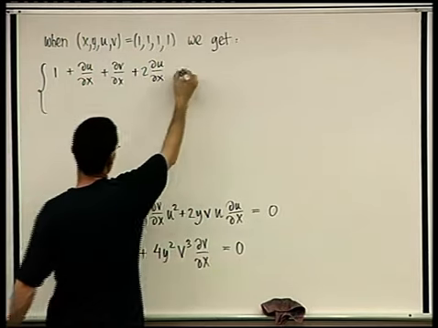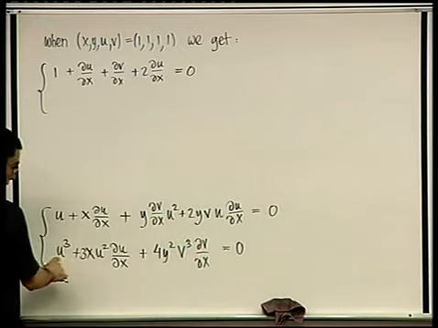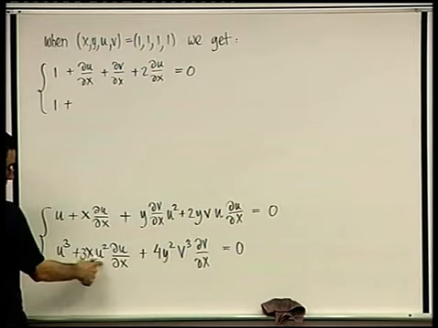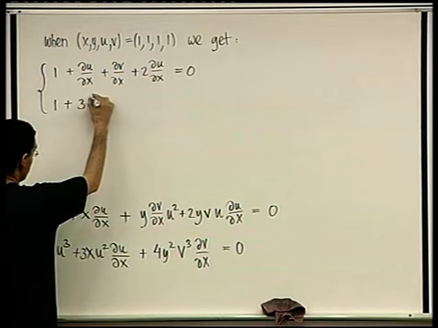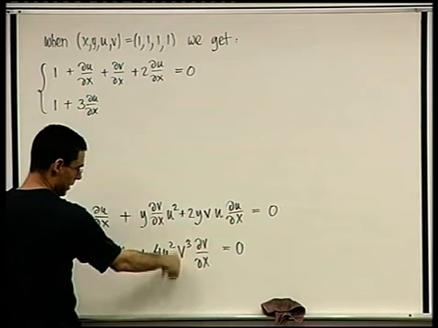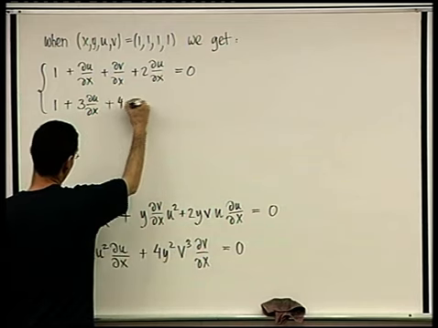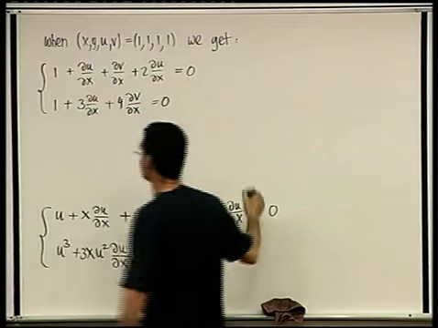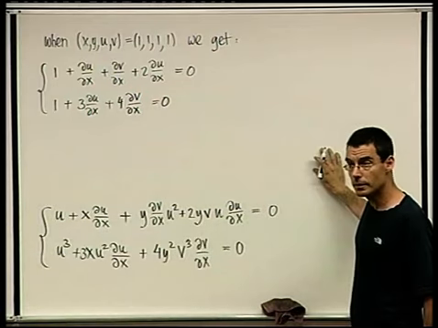And that equals 0. And from the other one, 1 plus 3 times 1 times 1 times du/dx, plus 4 times 1 times 1 dv/dx. And that equals 0 as well. Good?